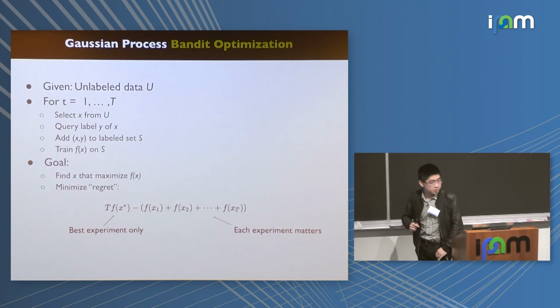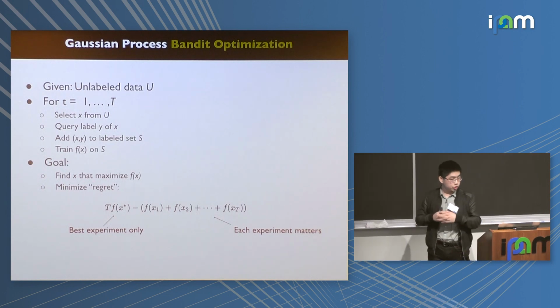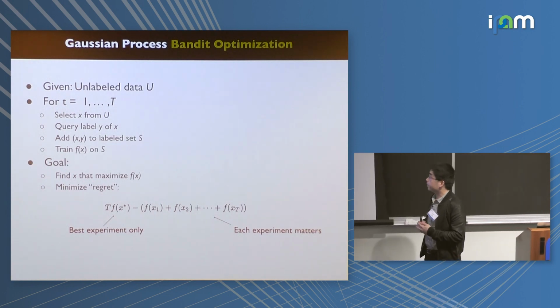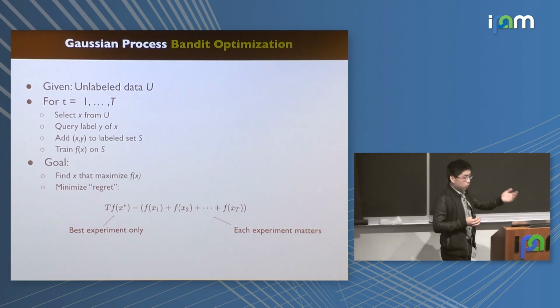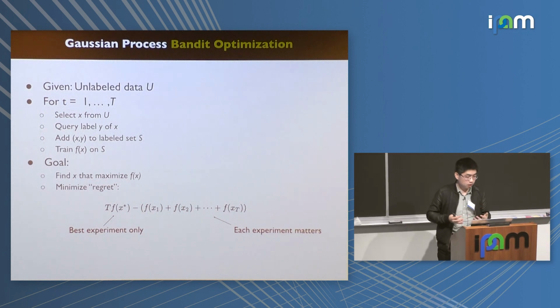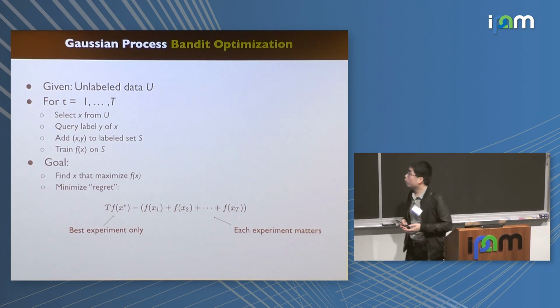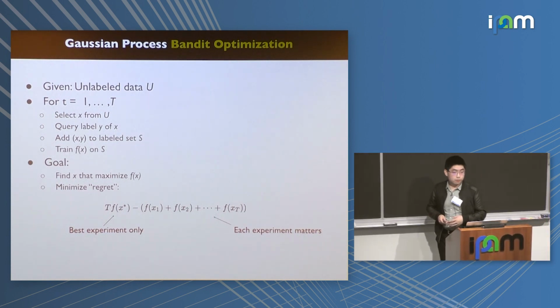All right. So to set up the basis of the talk, I'm going to show a few examples of Bayesian experimental design using the basic tools of Gaussian processes. But before we go there, it's better to set up a general problem for Gaussian process optimization. In particular, here we're looking at Gaussian process bandit optimization. So the problem is as follows.